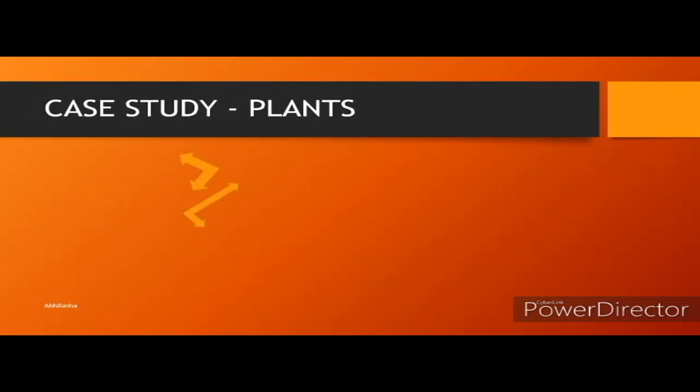One is plants. In plants, the organisms are classified into annuals, that is, the organisms which complete their entire life cycle within 1 year. Biennials, or the organisms which require 2 years to complete their life cycle. Generally, these plants will complete their vegetative phase in the first year, and the flowering and reproductive phase will be completed in the second year.